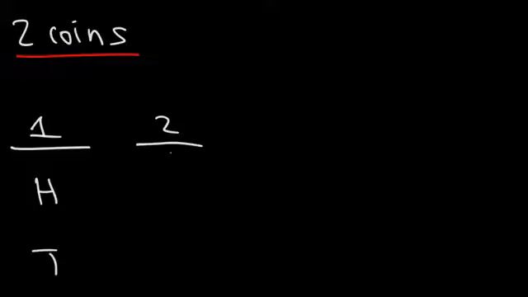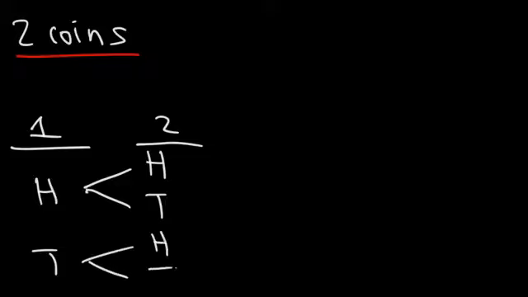Now, let's say we get heads during the first flip. During the second flip, we can get another 2 possibilities, heads or tails. Likewise, if we get a tails during the first flip, on the second flip, we can also get heads or tails. So notice that we have 4 possible outcomes.